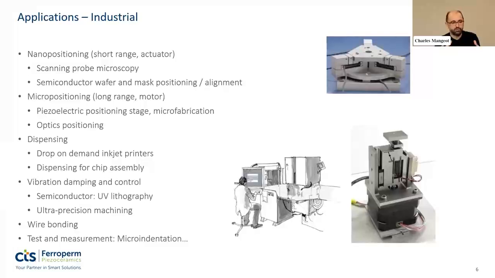And that means if you have a machine sitting on the shop floor, it needs to be isolated very, very precisely. And here there's a number of devices that are used, and typically a piezo is included in the last stage just to absorb the last few nanometers. Other applications include wire bonding and test and measurements application, such as microindentation.